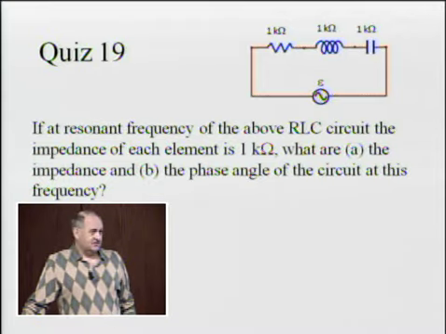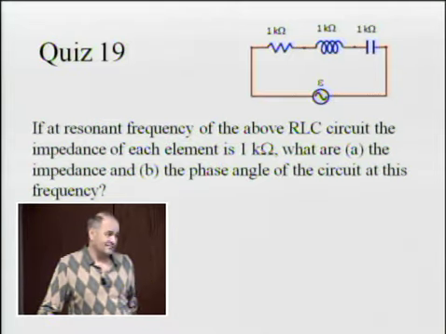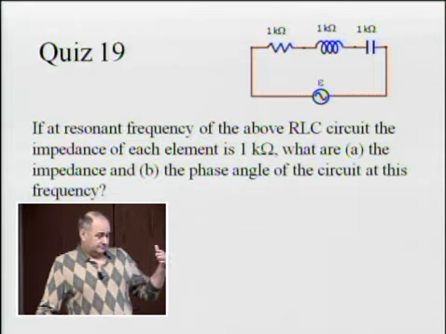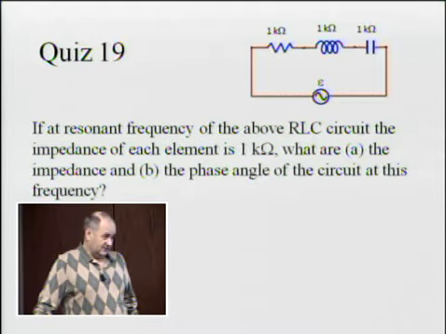Now the phase angle. Again, complex impedance is really helpful because we can find the phase angle by considering the real part and the imaginary part of the complex impedance. Well, we have to take the arctangent of the ratio of the two parts.